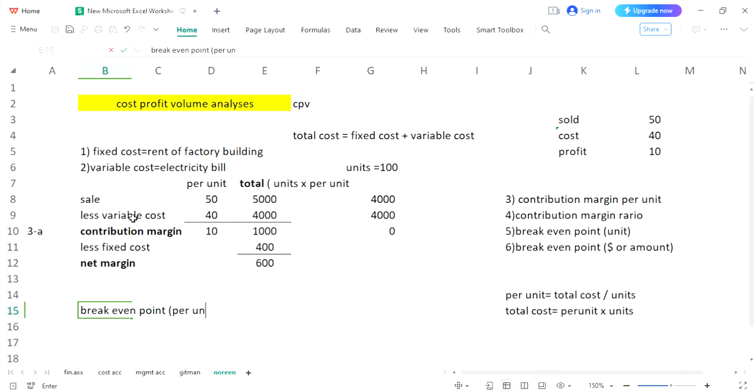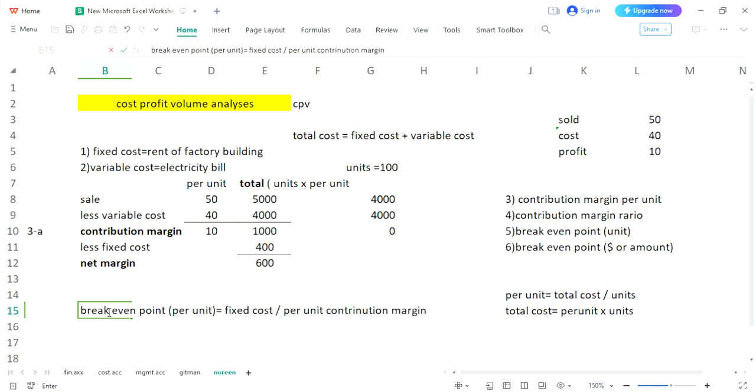You may write it in this way or you may write just unit. So for this you need to have fixed cost, and then you will divide it by per unit CM or contribution margin. I should have written it in full, contribution margin per unit.